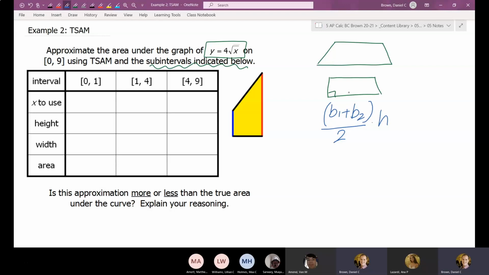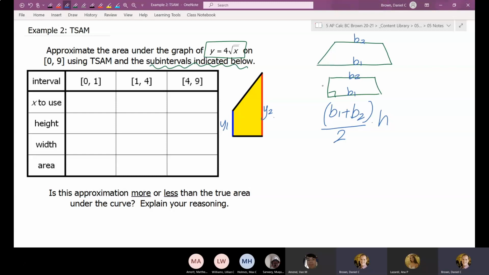When I say base 1, we have like base 1, base 2, base 1, base 2. But these are trapezoids turned on their side, so I like thinking of the formula a little bit differently. These bases are now in some ways like the y-coordinates, so I'm just going to call them y1 and y2.